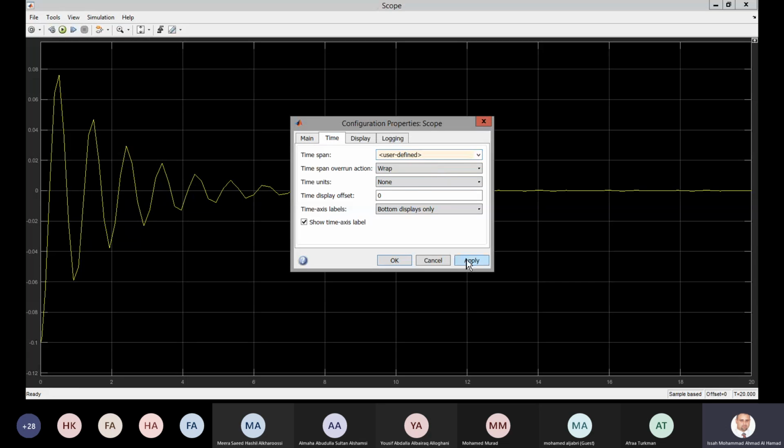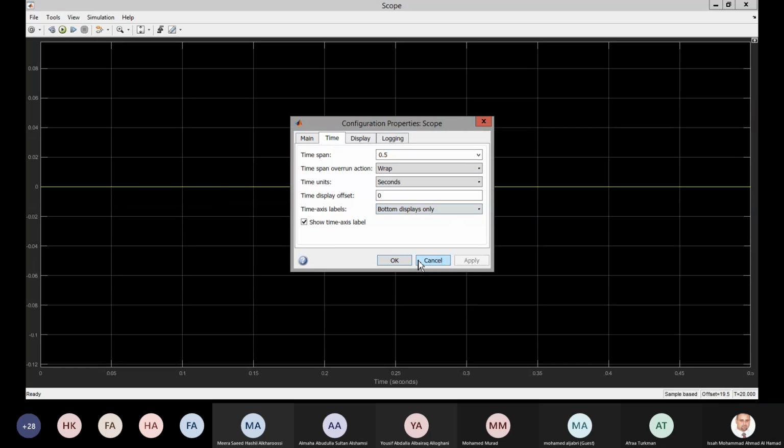Okay, where can we define it? Specify a valid time range. Where is the time range? Let's try 0.05, 0.5. Let's add another 0 here. Another 0 here.